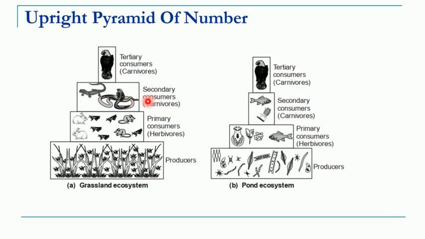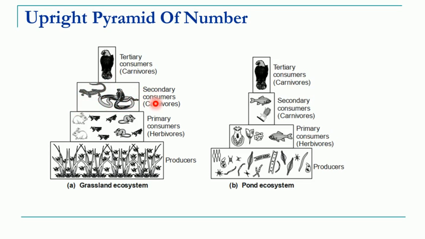So this is the third level of this pyramid. Now these secondary consumers are less in number than the herbivores or the primary consumers. That's why this level of the pyramid is still smaller.